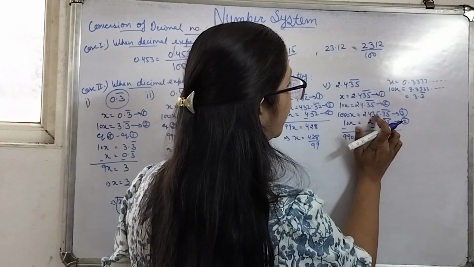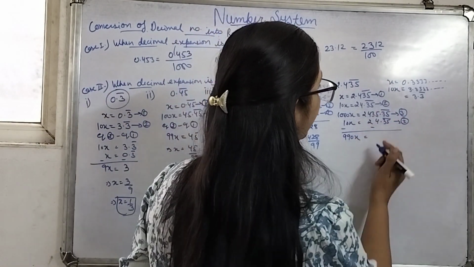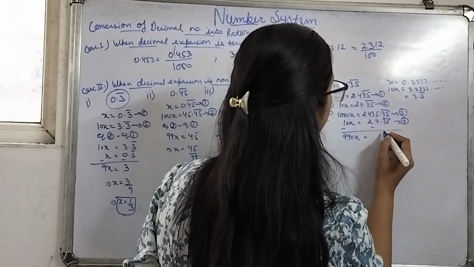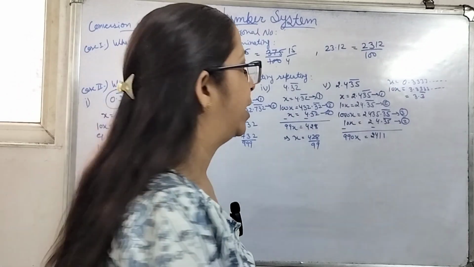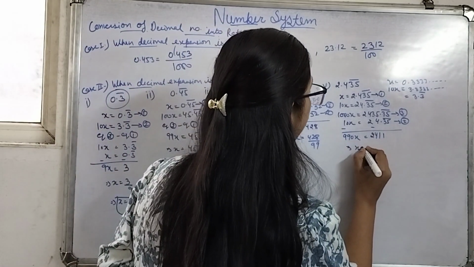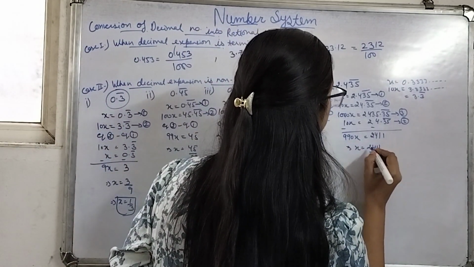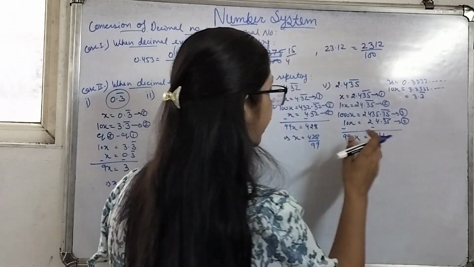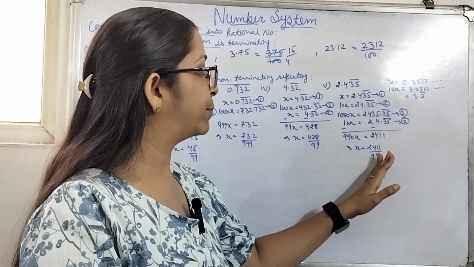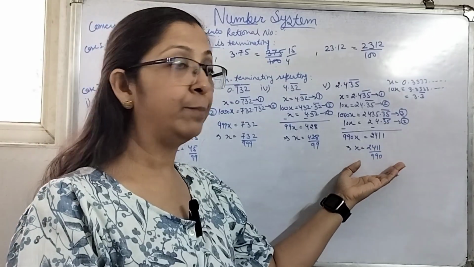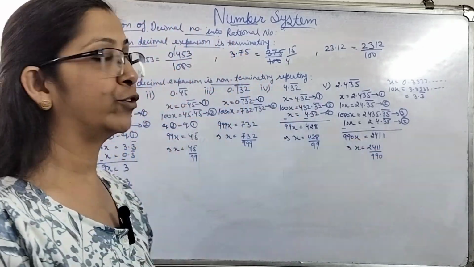Now from 2435 we need to subtract 24. So 5 minus 4 is 1, 3 minus 2 is 1. It is 2411, and the value of x will be 2411 divided by 990. If it can be further solved, in any case we will solve it further. We will simplify it, and whatsoever value comes, that is the representation in terms of your rational number.